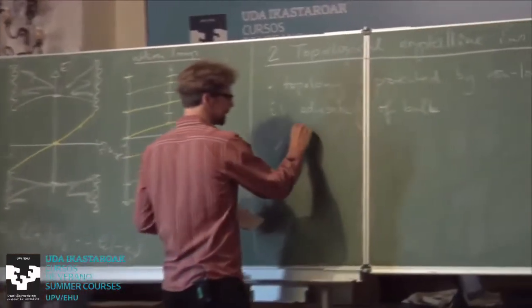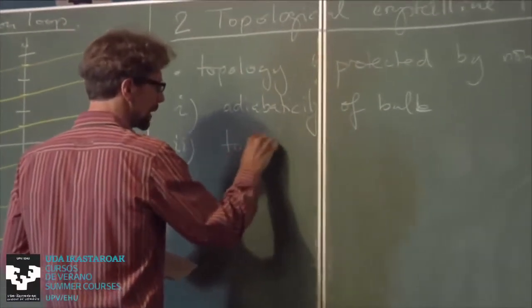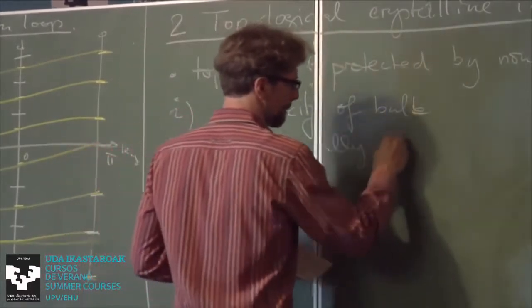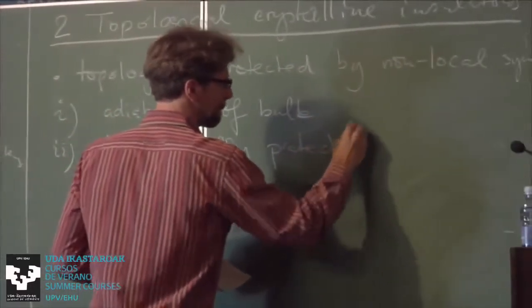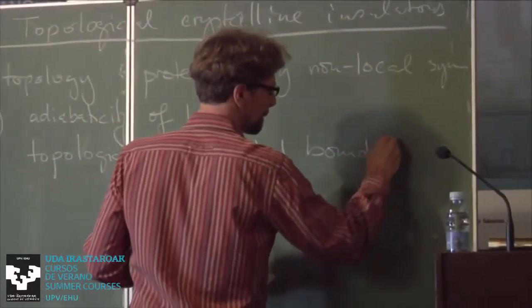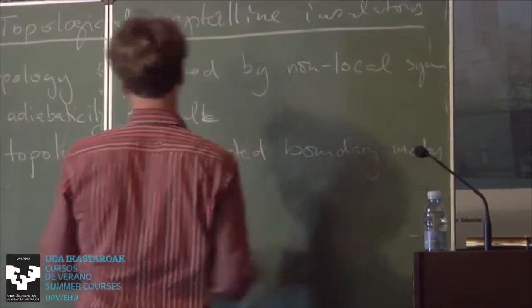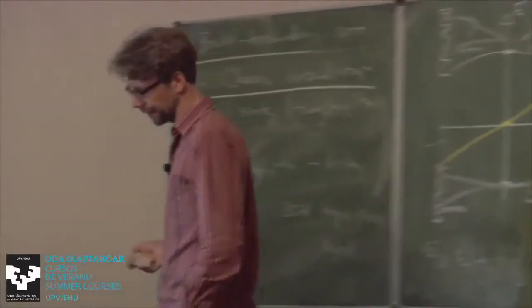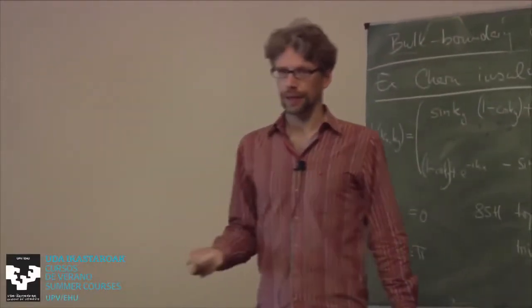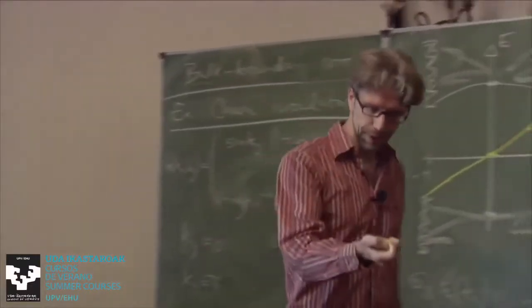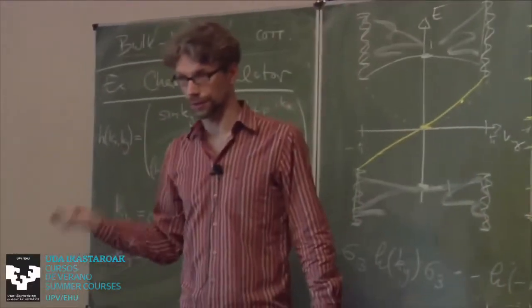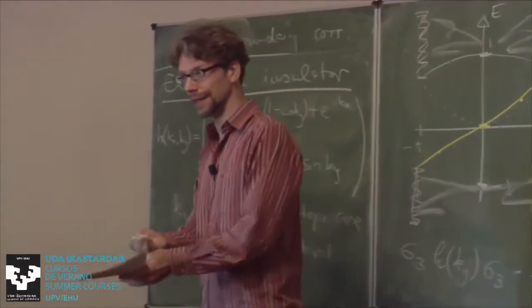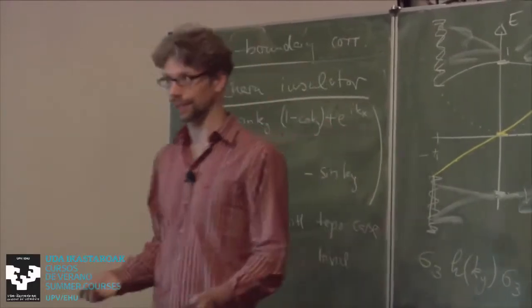And the other question is, can we have topologically protected boundary modes? These are not the same. We have already seen in the Su-Schrieffer-Heeger case, where inversion symmetry distinguishes the polarization 1/2 case from the polarization 0 case, and there's no way to interpolate between the two, obviously, because 1/2 and 0 are different, and we cannot change 1/2 into 0 without breaking the inversion symmetry.